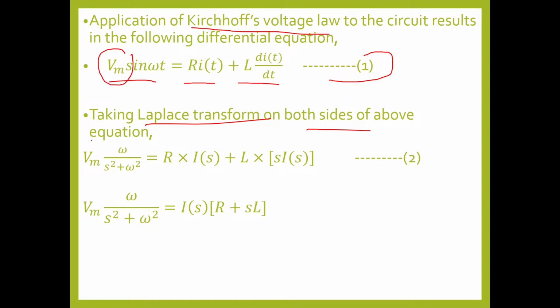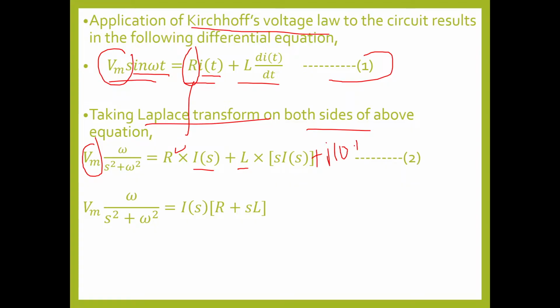Vm is constant, so write Vm as it is. Laplace of sin omega t is omega by s square plus omega square. R is constant, so write R as it is, and Laplace of I of t is I of s. L is constant. Laplace of di by dt is s I of s minus I of 0 plus.